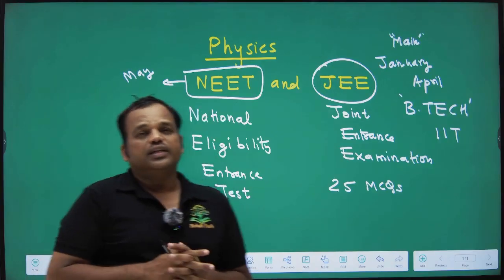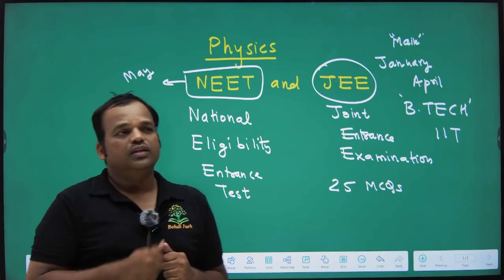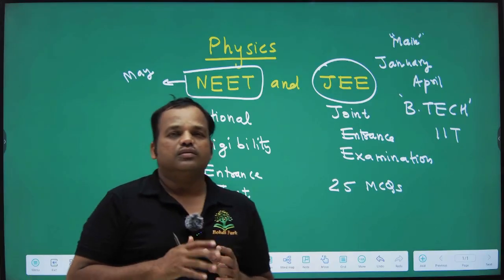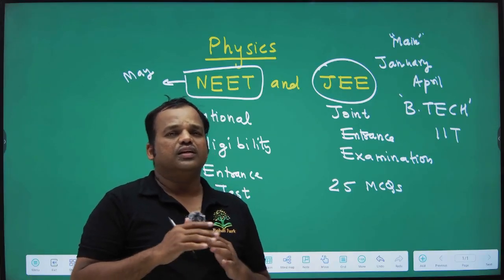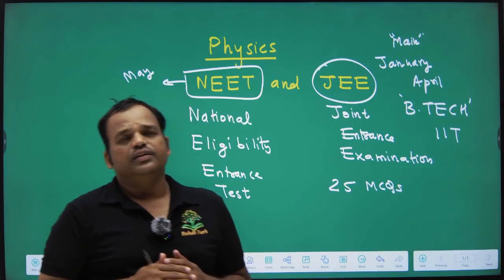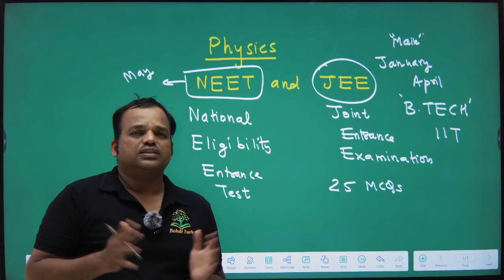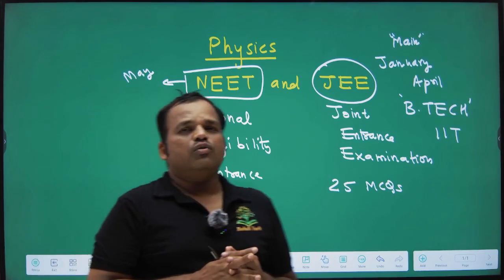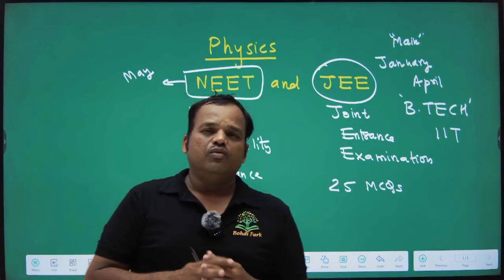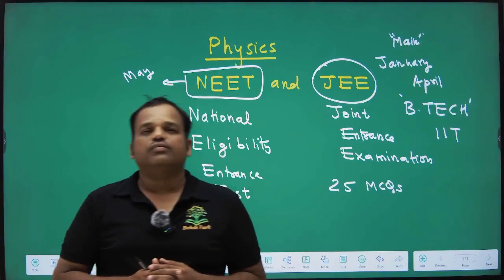Mathematics will use your brain, your mind. The calculations, how much your mind can think, up to what level your mind can think, right? So mathematics is like that, and physics is how well you are observing your surrounding, how aware you are of your surrounding.